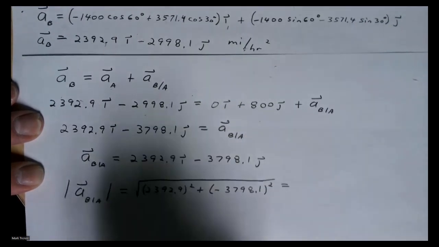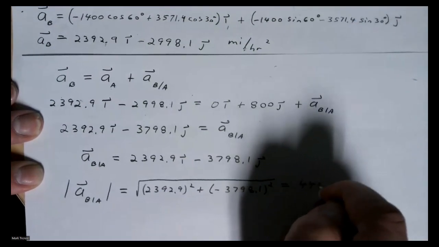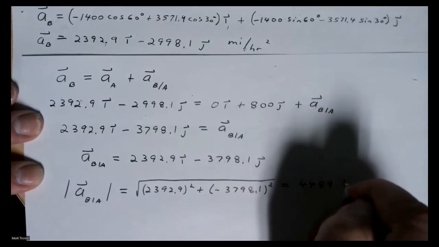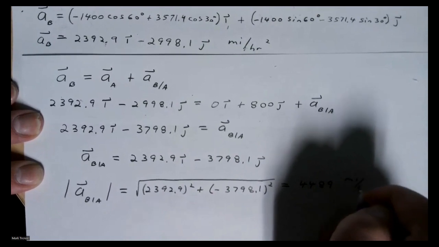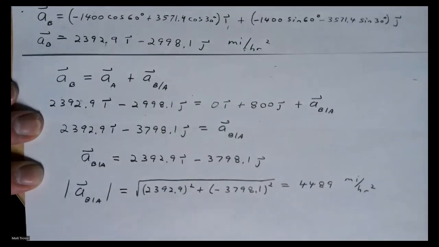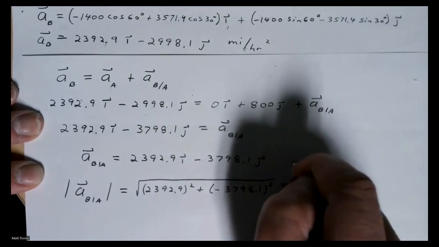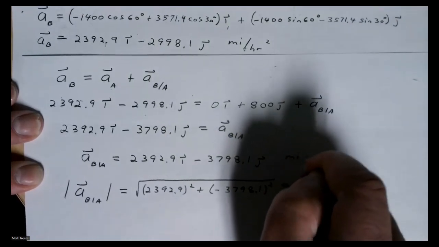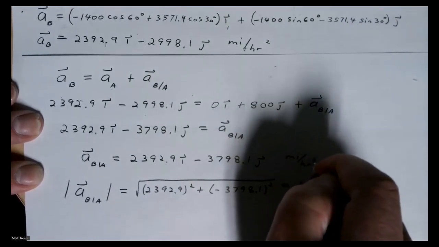And put that in your calculator. That's 4489 miles per hour squared would be the magnitude. This is also, of course, miles per hour squared.